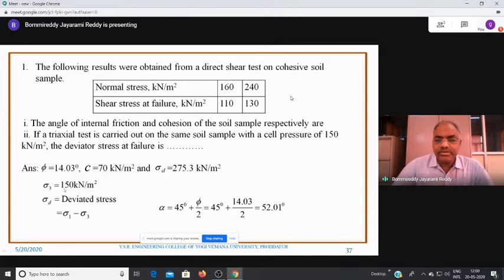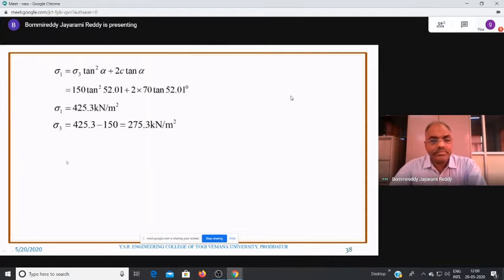Here you can look at sigma 3. You know this formula: sigma 1 equal to sigma 3 tan square alpha plus 2c tan alpha.